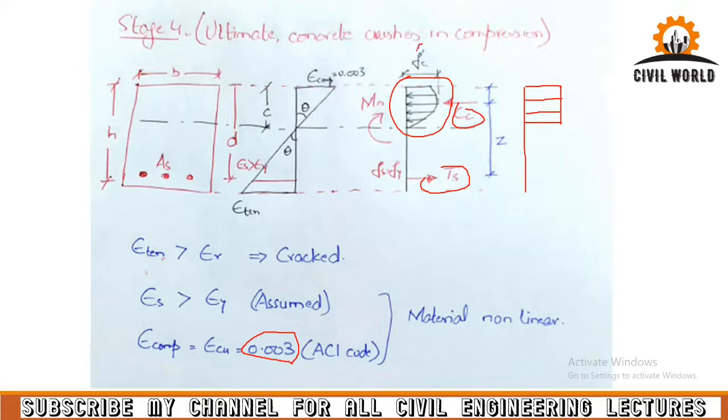Over here we have the maximum value of f'c at this point, but now the dimension of this rectangular distribution is 0.85 f'c.